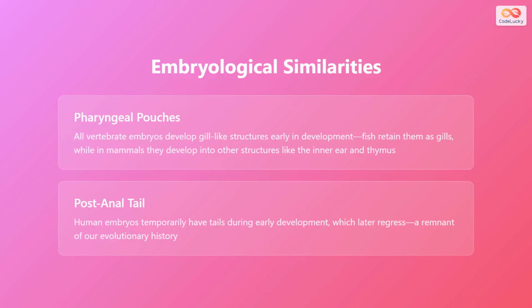Another fascinating example is the postanal tail. Human embryos actually have tails during early development, complete with several vertebrae. As development continues, this tail regresses and becomes the coccyx, or tailbone. These temporary structures during development are evolutionary remnants of our shared ancestry with other vertebrates.